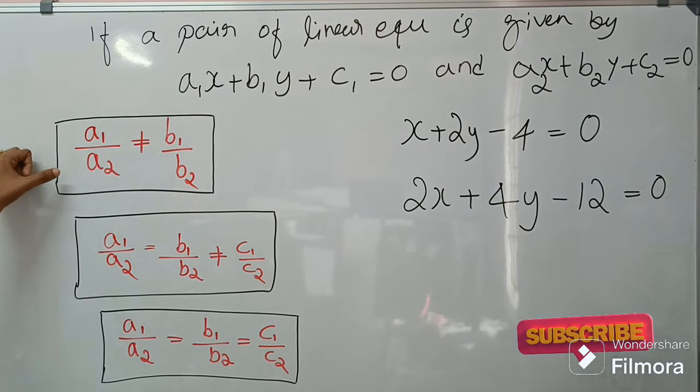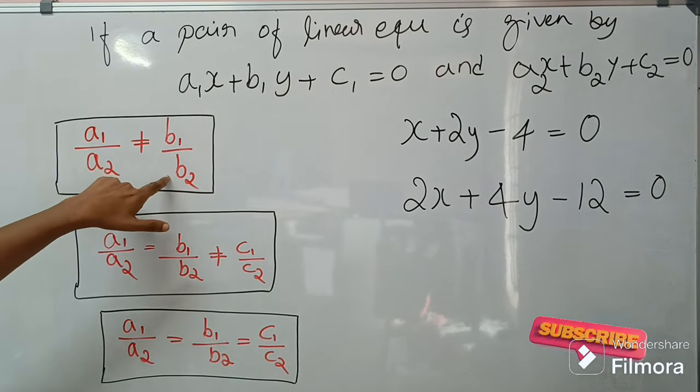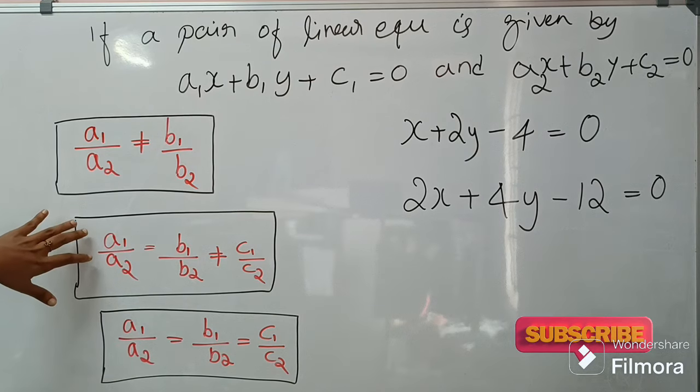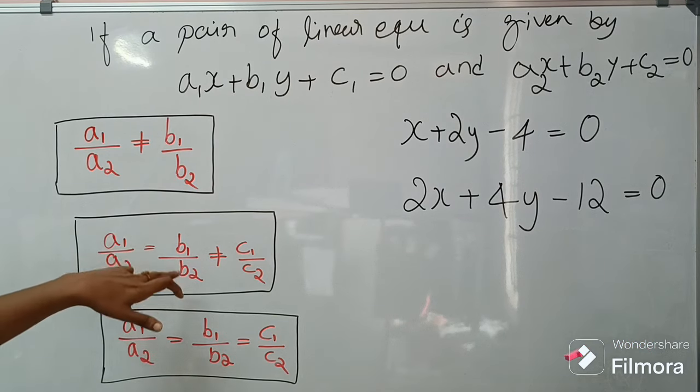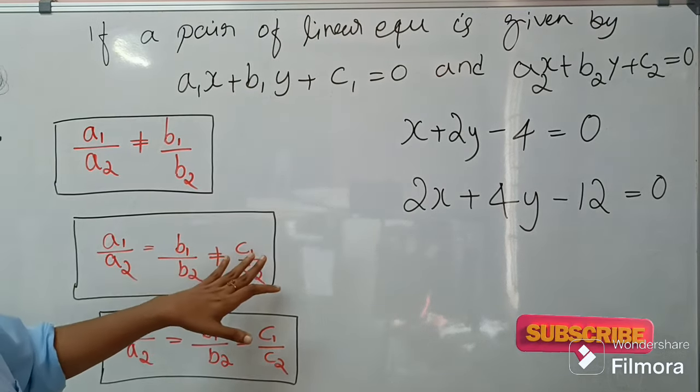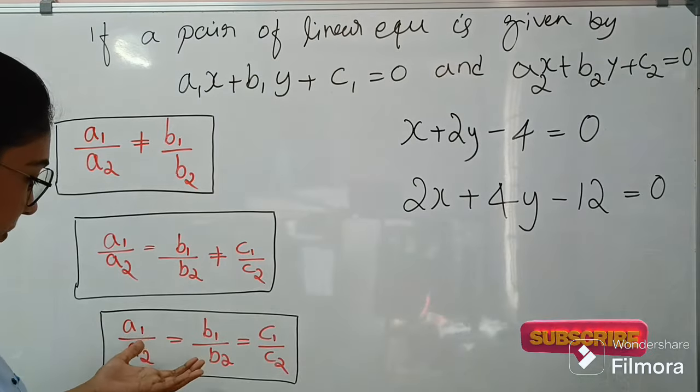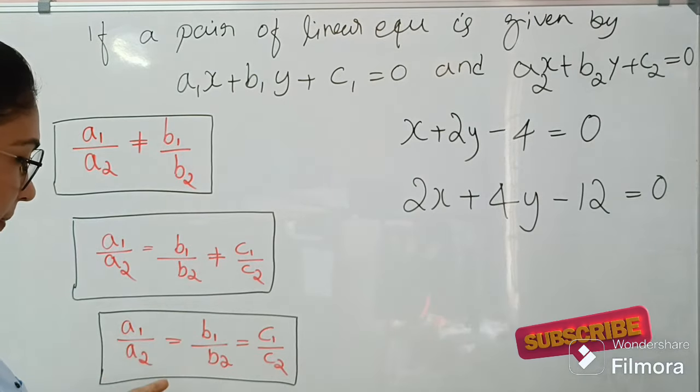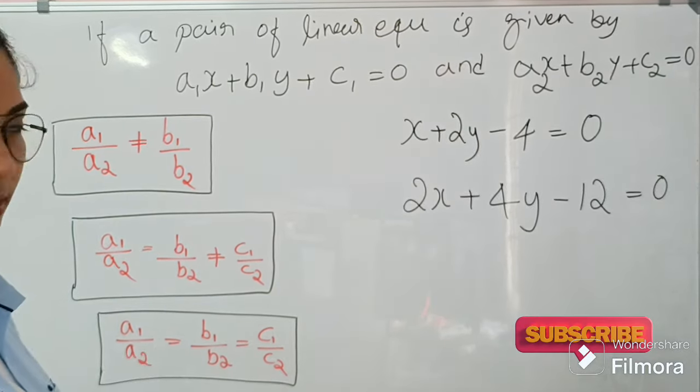That is, a1 by a2 not equal to b1 by b2, and second case, a1 by a2 is equal to b1 by b2 not equal to c1 by c2. Third one, a1 by a2 is equal to b1 by b2, which is equal to c1 by c2.